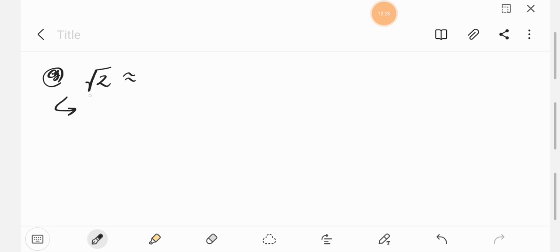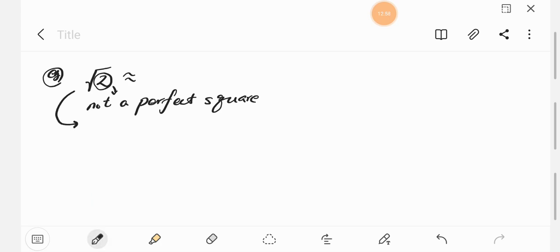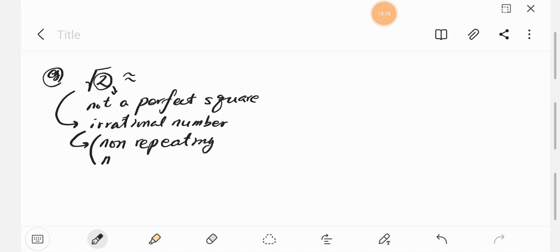So the radicand is not a perfect square, so the result will be an irrational number, non-repeating and non-terminating.